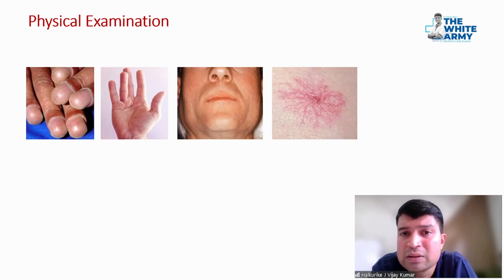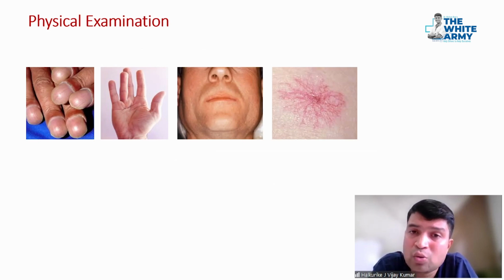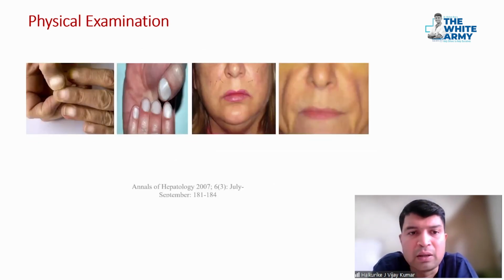Spider nevi are often seen in the upper torso, and they're also normally seen in pregnant women and people who take OCPs, again by the same mechanism of high estrogen. They are often seen in liver disease patients and can also be seen in mucosa. Sudden disappearance of spider nevi will indicate shock. Any blood loss leading to shock definitely leads to sudden disappearance of spider nevi.